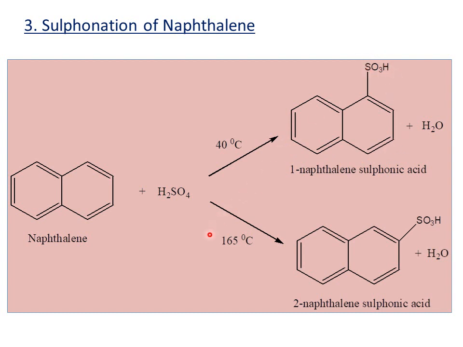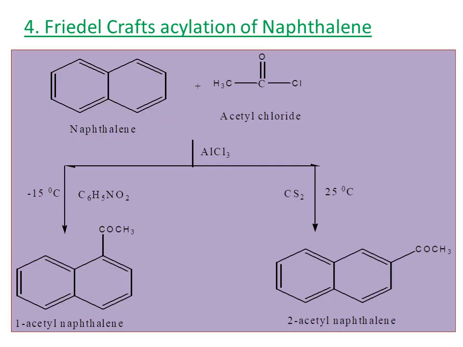If a higher temperature is used, about 165 degrees centigrade, then the attack goes to the second position and produces 2-naphthalene sulfonic acid. So by sulfonation of naphthalene, we can get two products: 1-naphthalene sulfonic acid and 2-naphthalene sulfonic acid.